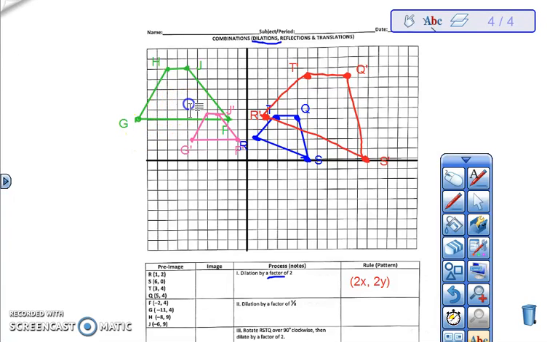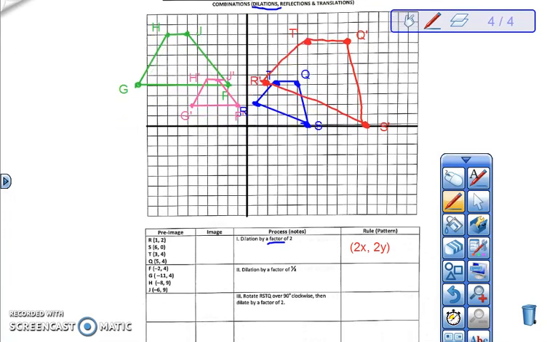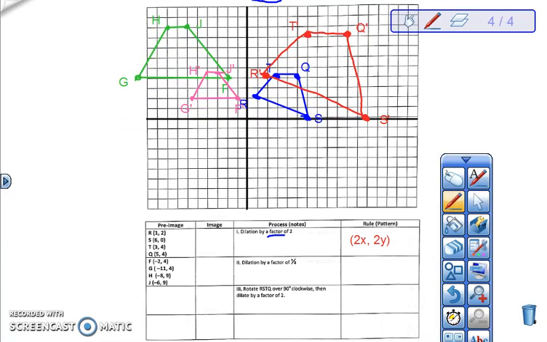The image of H is going to be over here. So just like with the red figure, all we did was multiply our points by the scale factor. So instead of the original points x and y, now all of our points are half as big, so 1/2 x and 1/2 y.